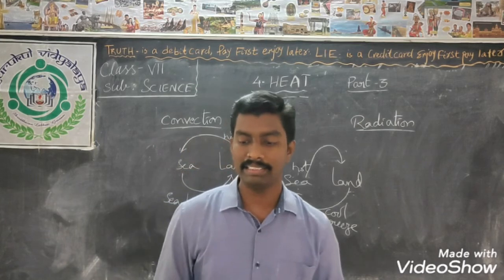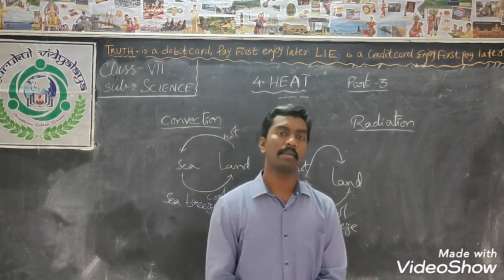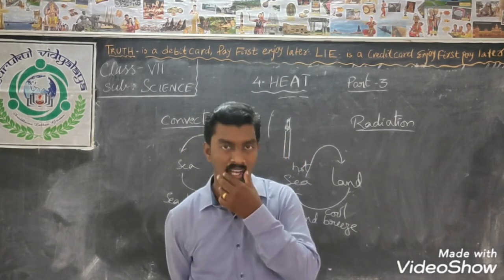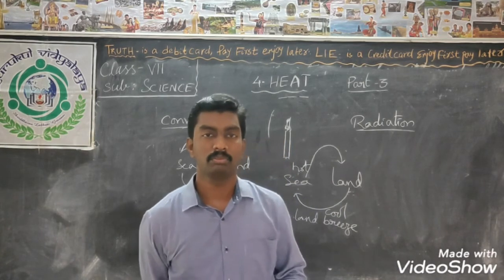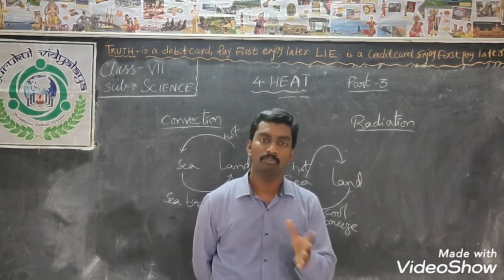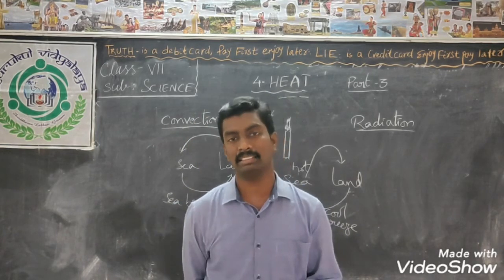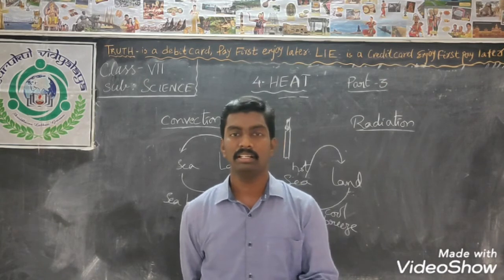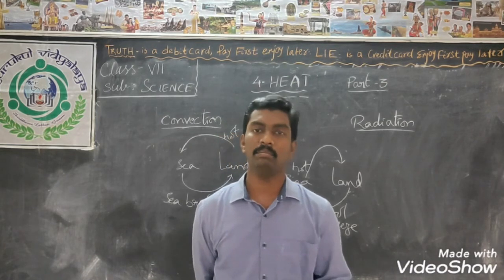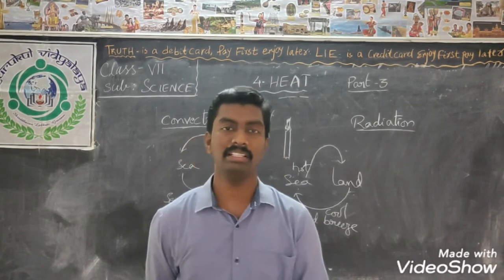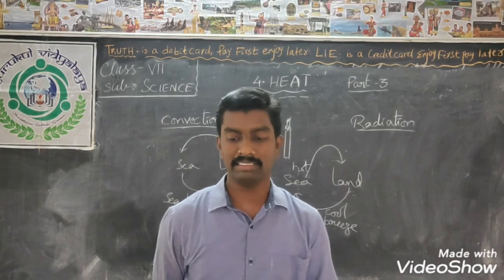Next, the kinds of clothes we wear in summer and winter. We know very well what type of clothes we wear in winter and in summer. Generally we prefer light colored clothes in summertime and dark colored clothes in wintertime. Why? What is the reason?